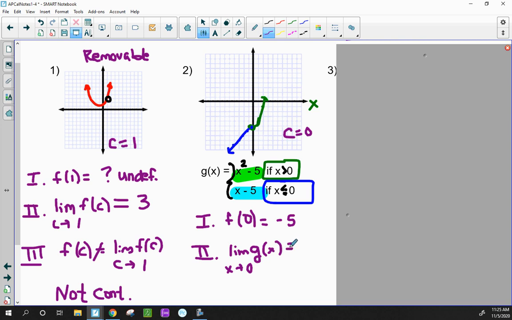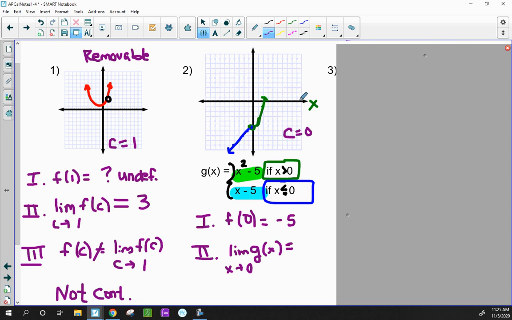But the whole idea behind this is when I look at the x's and I approach them from the left and approach them from the right, what are the y's doing? Well, from the left, every time I choose like negative 9, the y's going to be down here. Negative 8, negative 5, and so forth. The y's are tending to go uphill. They're increasing. So when I get closer to 0, the y, the height of the curve, is actually at negative 5.